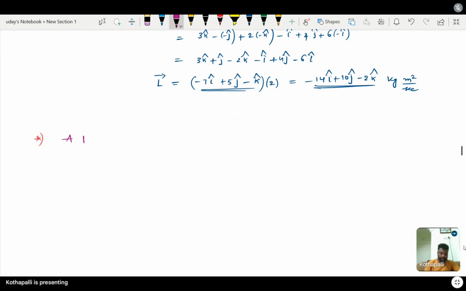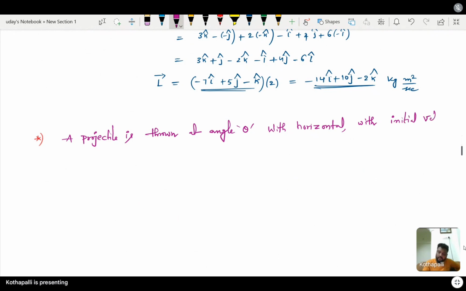A projectile is thrown at an angle theta with horizontal, with initial velocity u.